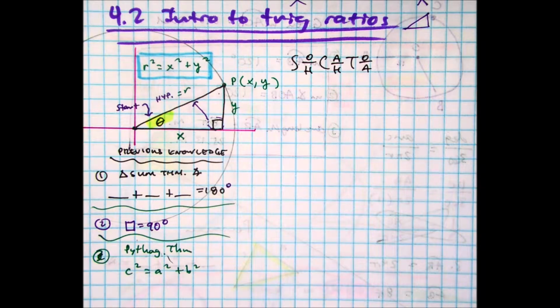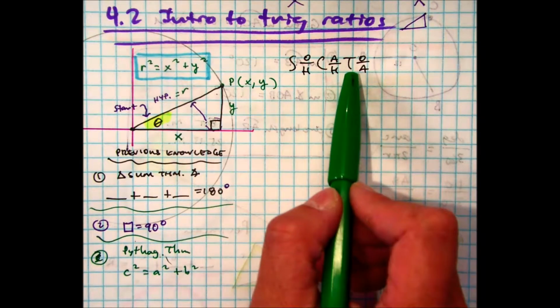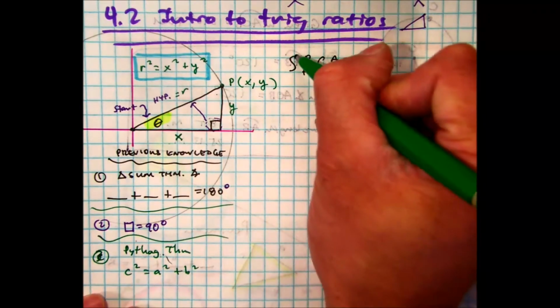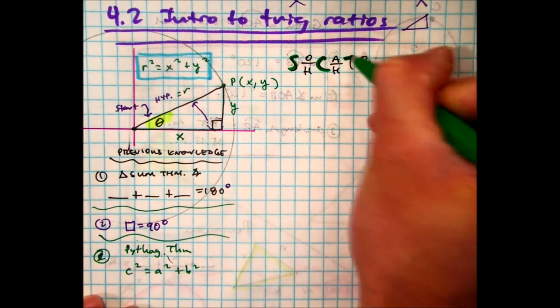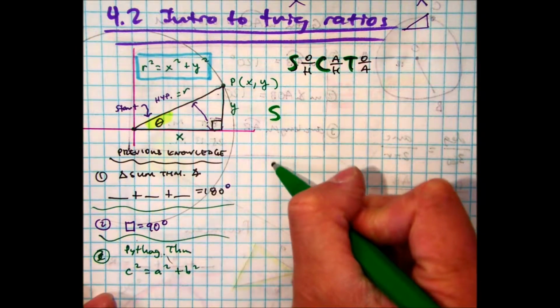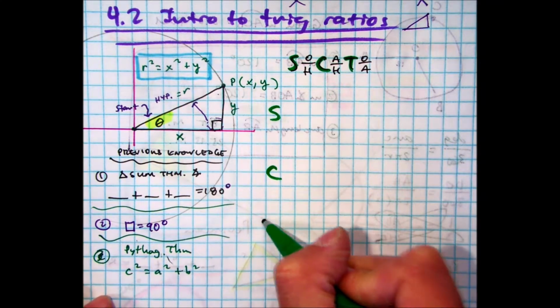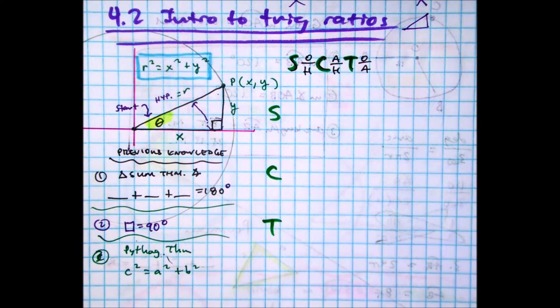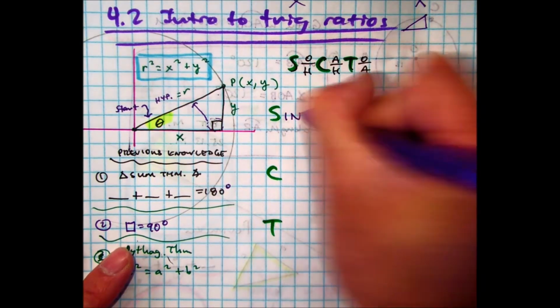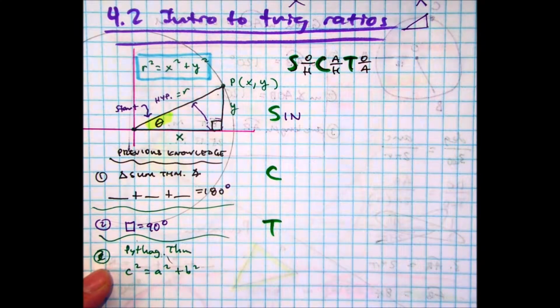Alright class, Sohcahtoa is a silly phrase, so if I told you what is trig, you don't say Sohcahtoa. It's an acronym that helps us. Class, what does the S stand for? C? And T. Now these have abbreviations. You said sine, but the abbreviation is S-I-N.